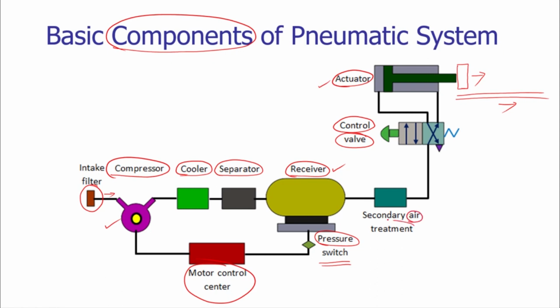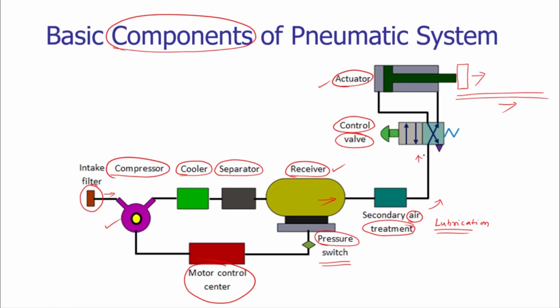So we have to lubricate the air which is coming out from the receiver. So lubrication is called the secondary air treatment. So we need some device that will mix the lubricant with the compressed air, and that will be sent to the pneumatic system application.